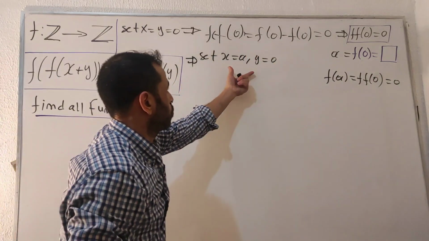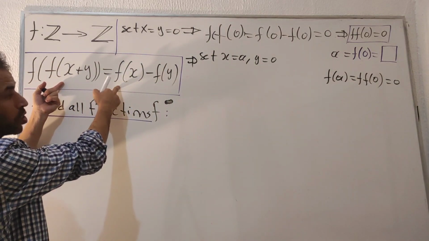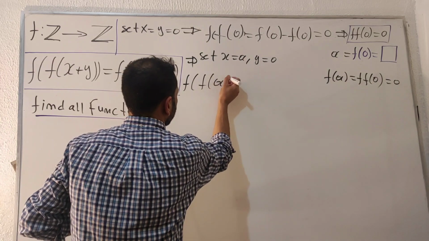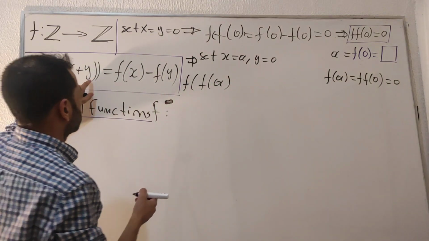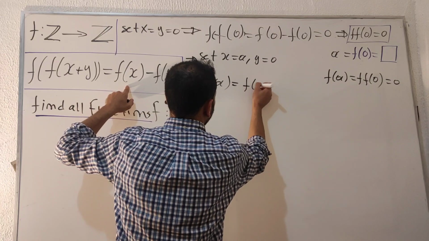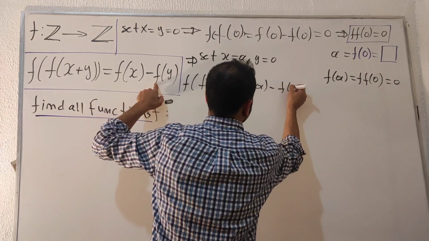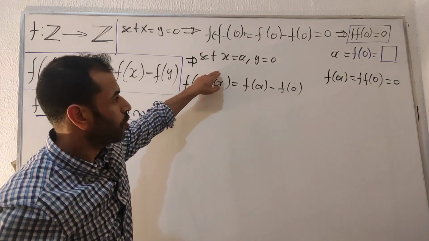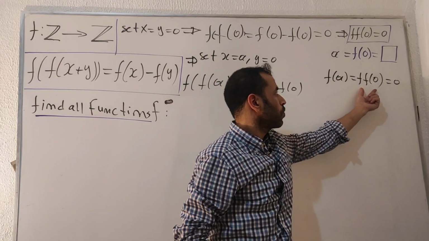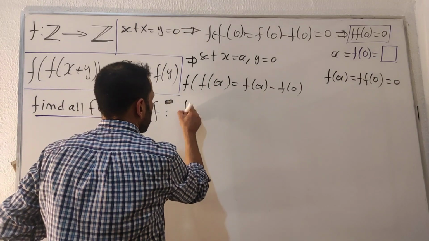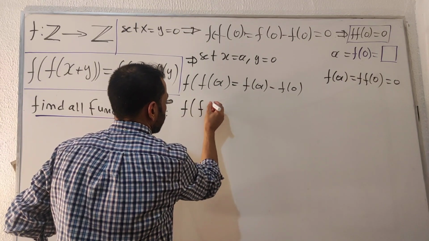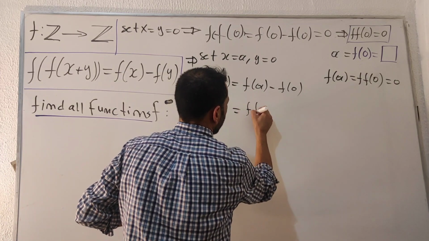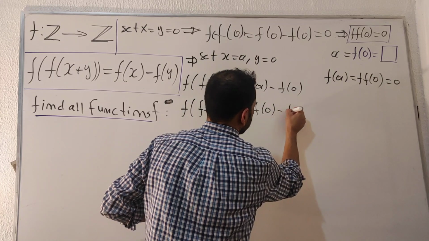Let's replace these two values into the original equation to see what it gives us. So I get f of a, with y replaced with 0, equals f of a minus f of 0. Now let's replace f of a with f of 0. So I get f of 0, where f of a is replaced with f of 0 minus f of 0.